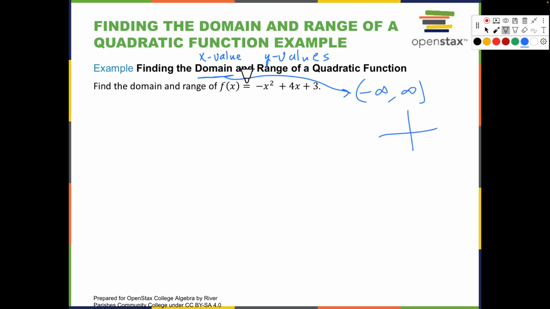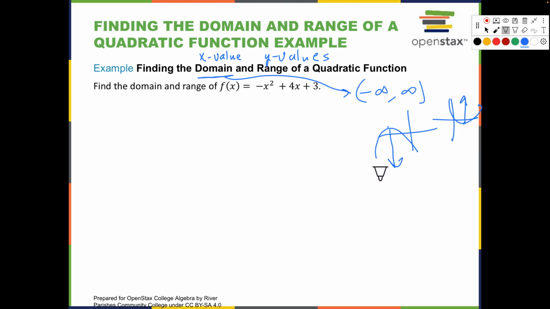And again, it's got negative 2. So with a negative, it's going to open downwards. So our range is going to be from the y-coordinate of the vertex down. If we have a positive number in front of the x squared, then it will be from the vertex upwards.